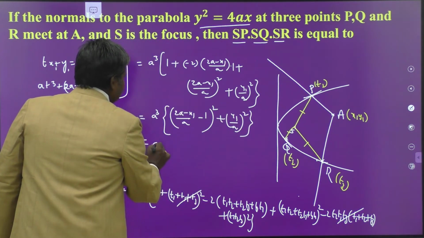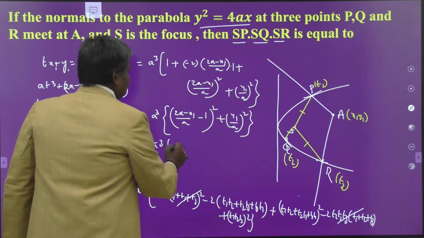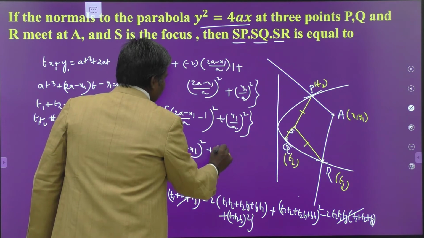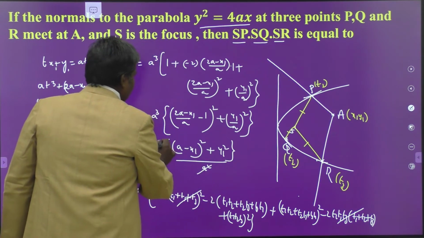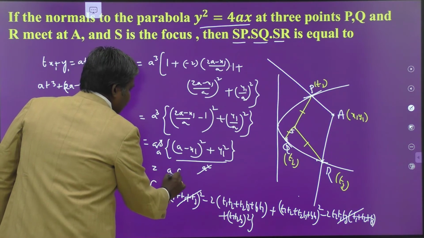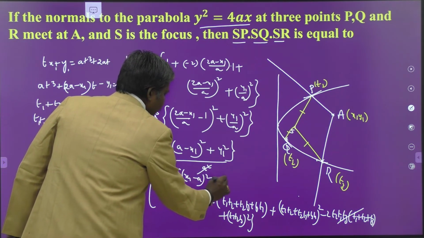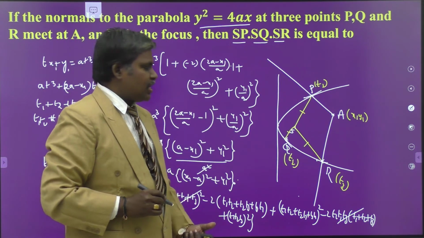This is nothing but a cube times of ((2a minus x1 minus a) whole square, which is (a minus x1) whole square plus y1 square by a square itself. A square cancels out. This is a times of ((x1 minus a) whole square plus y1 square). This is your required distance.